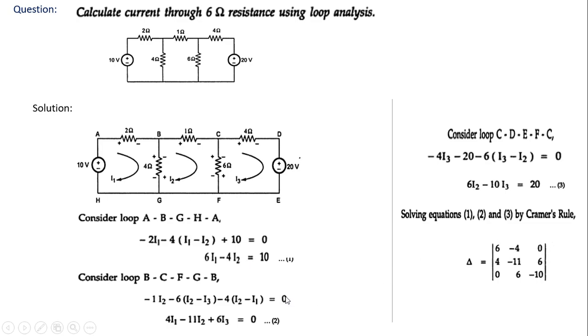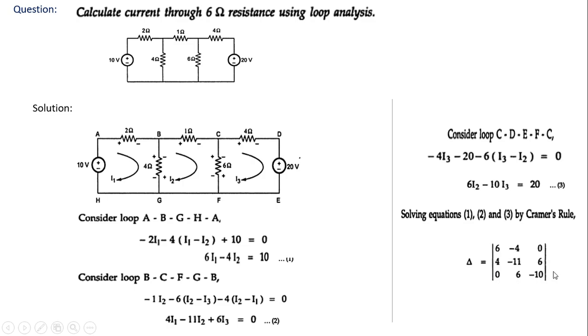That has been written in the first row. If we consider the second row, it is taken from equation number 2. The constant near I1 is 4, that has been written here. The constant near I2 is minus 11, that has been written here. And in the second equation, the constant near I3 is 6, that has been written here.